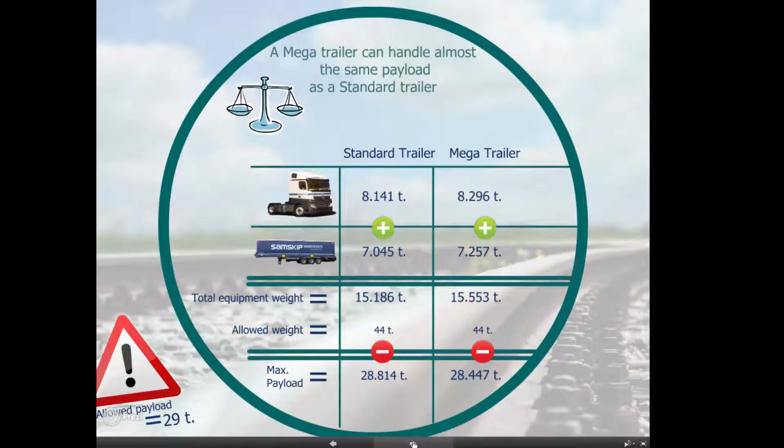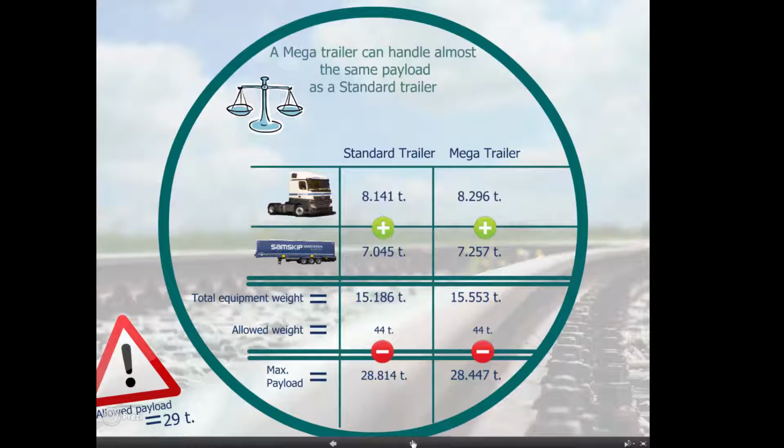As previously seen, although a mega trailer can carry up to 10% more volume, the payload is for both types of trailers almost the same. In the table, we show you how the payload has been calculated. Total payload of a standard and mega trailer depends on the weight of the equipment and the allowed weight on road and rail.